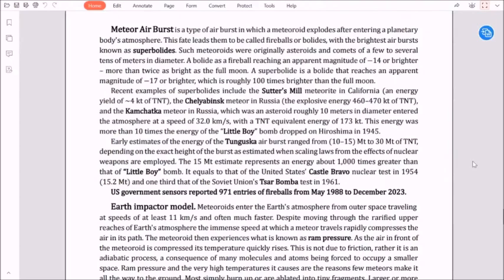This energy was more than 10 times the energy of the Little Boy bomb dropped on Hiroshima in 1945.